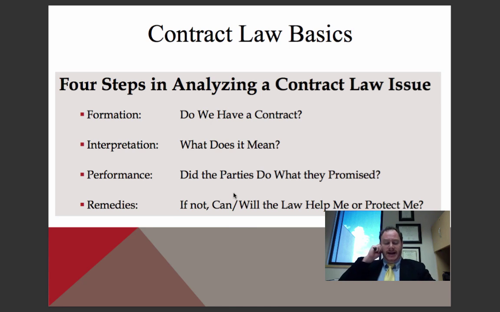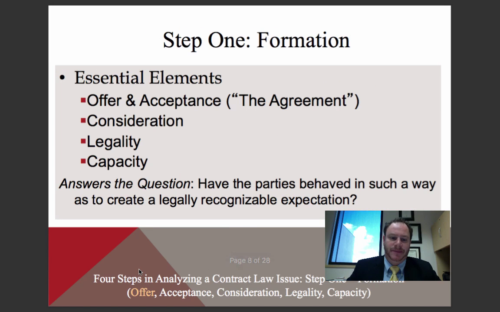Okay, we've got a contract, but what do the parties really mean by what's in that document? And then thirdly, okay, we understand what it means, but are the sides performing? Are they doing what they promised? And if they're not doing what they promised, then we've got a problem and there's a breach, and how will the law help to protect the person who has not breached the contract?